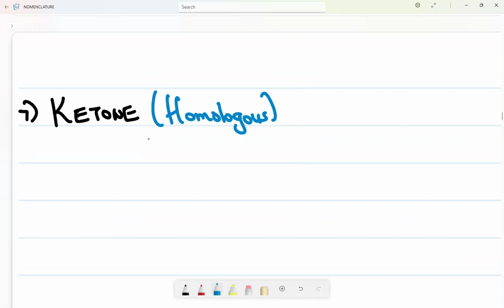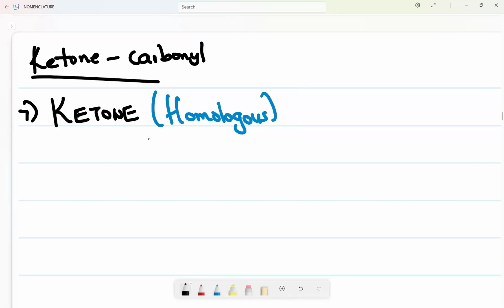Now, let's be in a position of saying, okay, cool. We know this is ketone. Now, what is the functional group of this one? So this one is a ketone. It also has a surname. The name is ketone. The surname is carbonyl. You need to know this because they might ask you, what is the functional group of ketone?